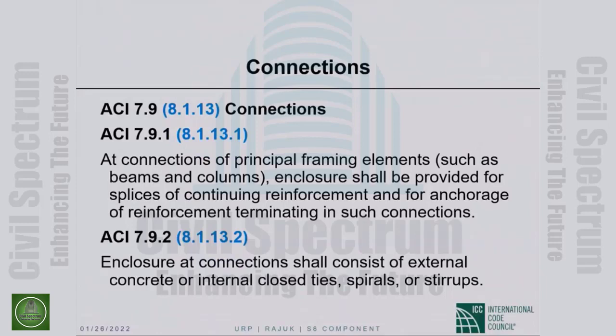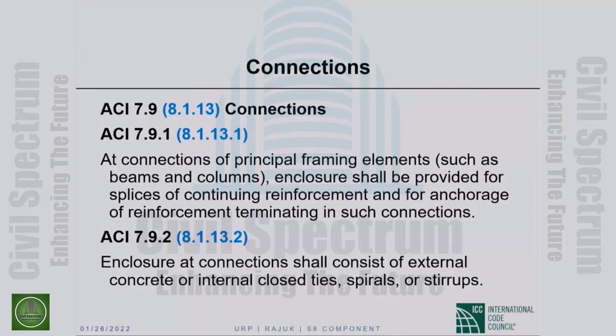Connections. At connections of principal framing elements, such as beams and columns, enclosure shall be provided for splices of continuing reinforcement and for anchorage of reinforcement terminating at such connections.